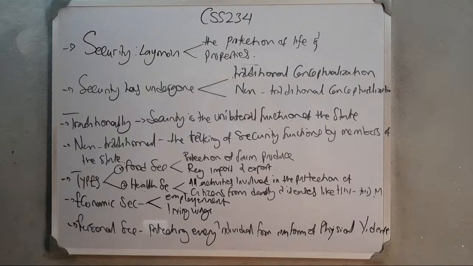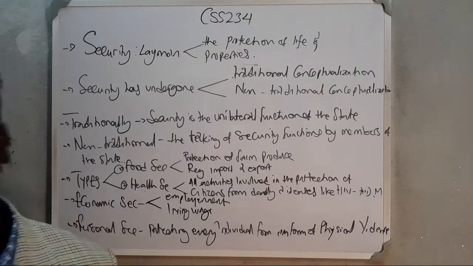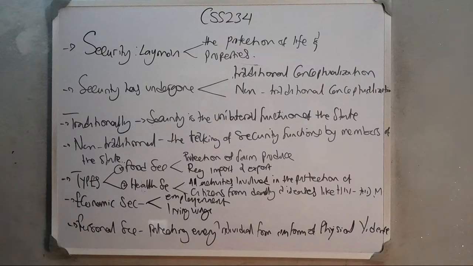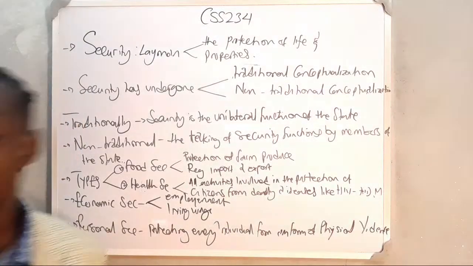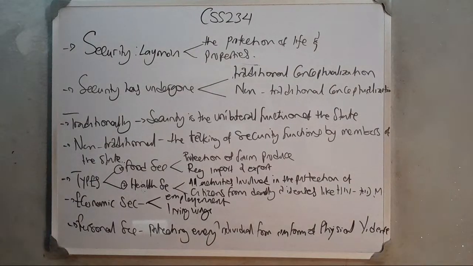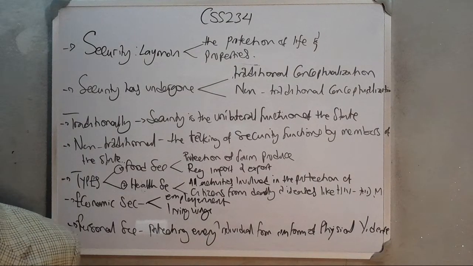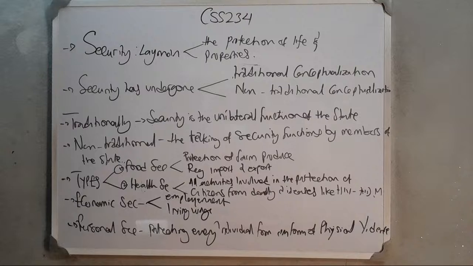I think that's more of what one of the great African political thinkers, Nyerere, did for Tanzania: instilling communitarian values in the new generations. And we have territorial security as well, security that has to do with the protection of the territory from external aggression.